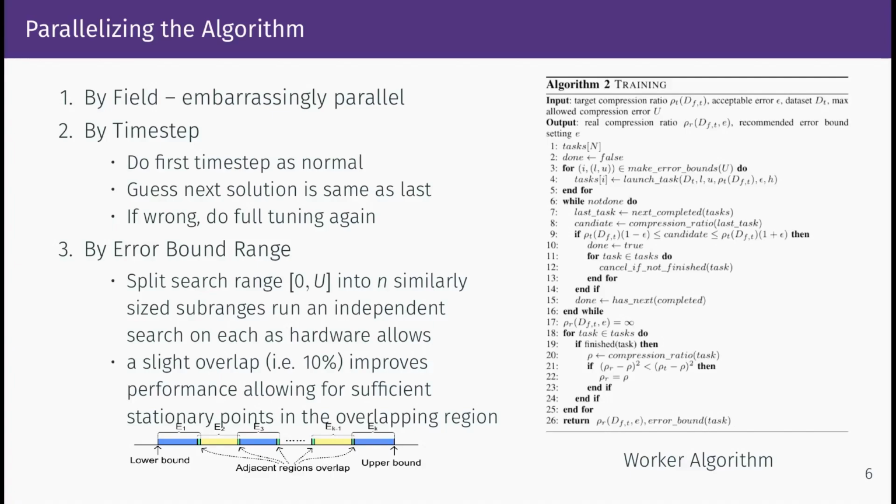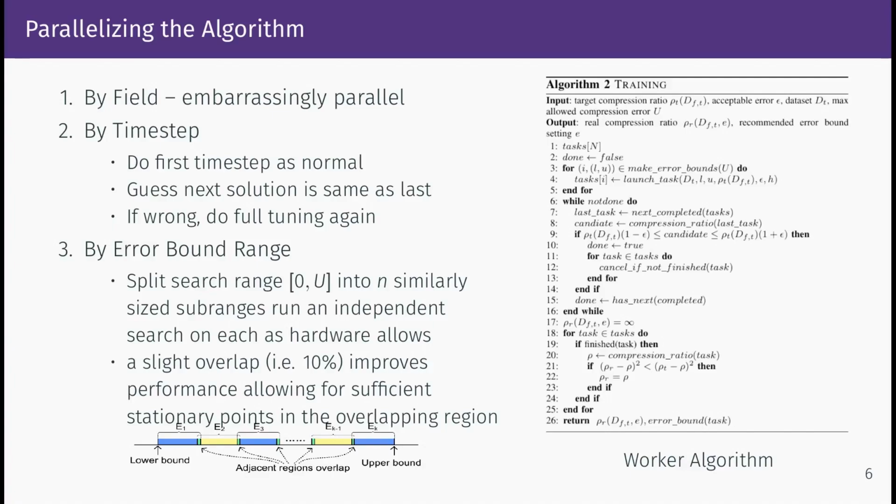If that works, then we don't have to perform an additional tuning operation. We can go on to the next time step and just keep doing this until we find out that our solution is wrong, in which case we retune again. We'll talk about how many times that happens, but in what we find to be a good case for our algorithm, it typically retunes somewhere between 2 and 5 times across the lifetime of the algorithm.